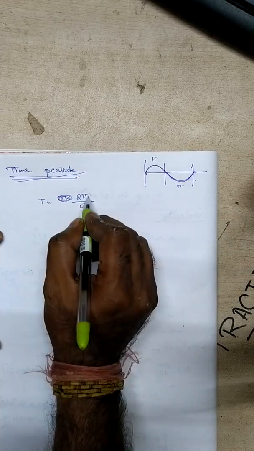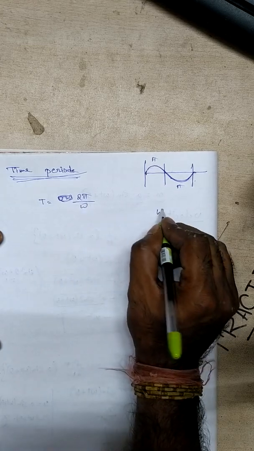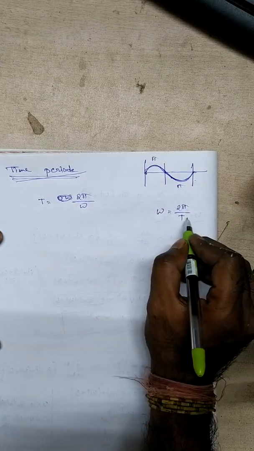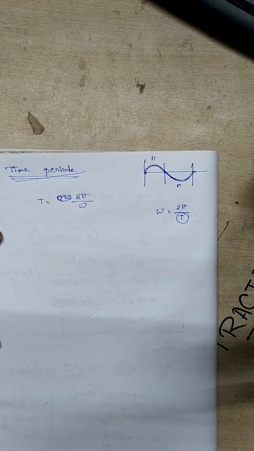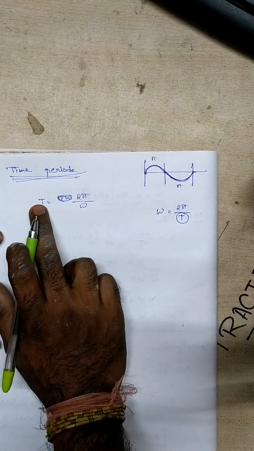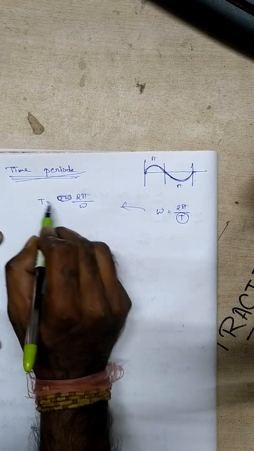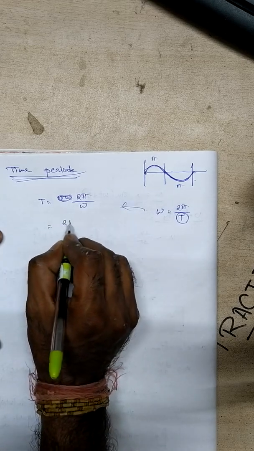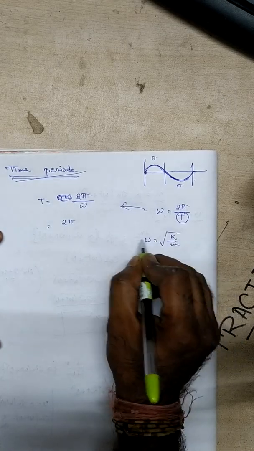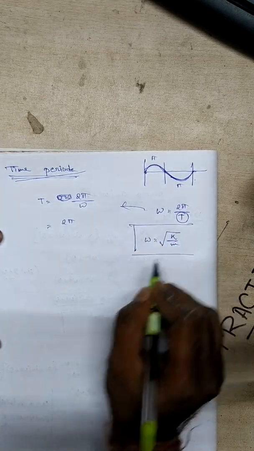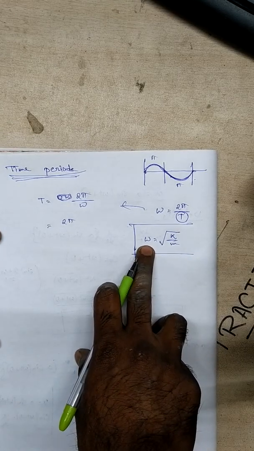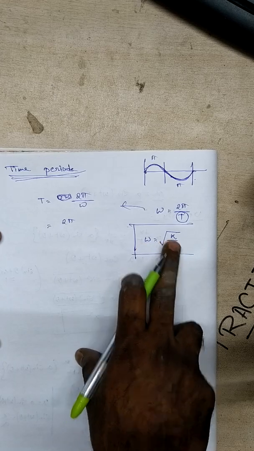This is known as the time period, because omega is defined as 2 pi by T. This is the total angle covered by the simple harmonic oscillation, and T is the corresponding time for covering the 2 pi angle. This is the angular velocity. So from this equation we can rewrite T equal to 2 pi by omega. We already have omega equal to root under k by m, from when we reduced the simple harmonic oscillation.